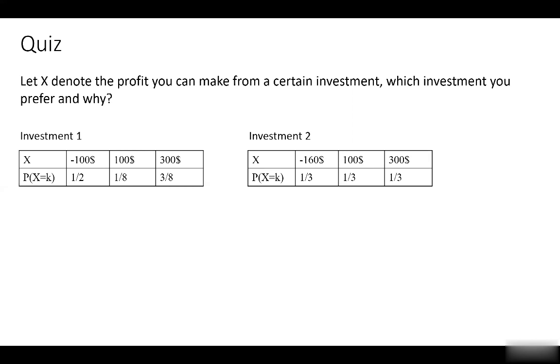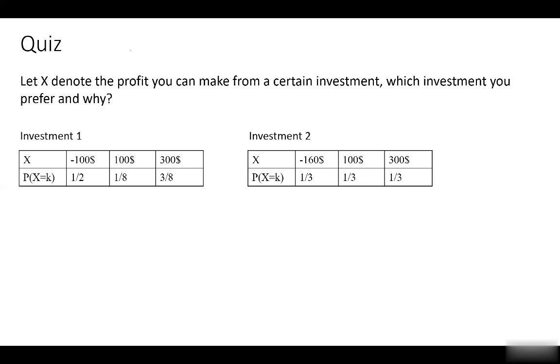In investment two, you have 1/3 probability of losing $160, 1/3 probability of winning $100, and another 1/3 probability of profiting 300. So considering these two investment options, which one do you prefer and why?